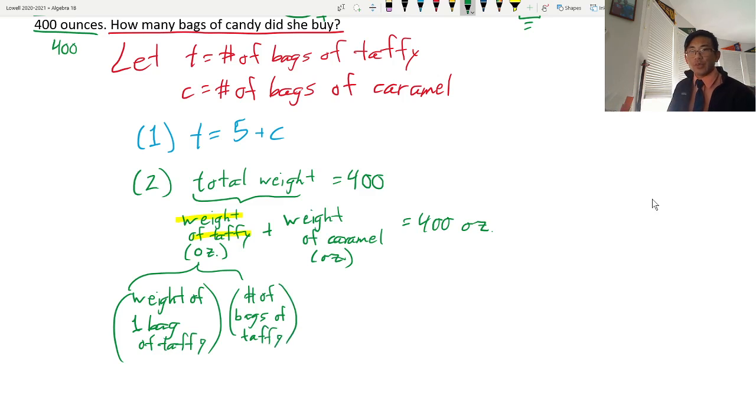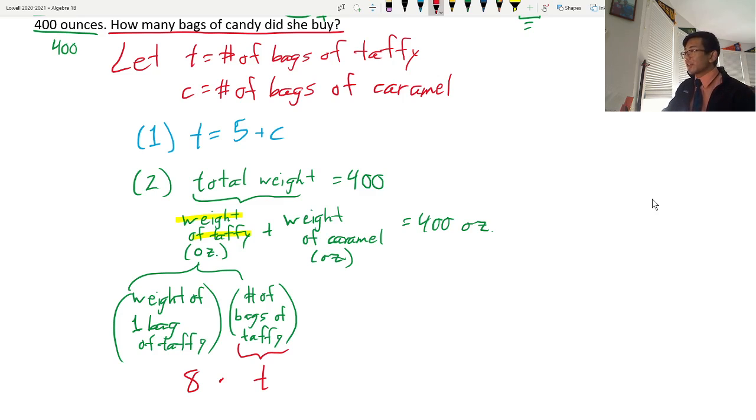Because this is information we have. Well, we don't know the number of bags yet, but we do know that the number of bags of taffy, we're letting that equal t, right? That's the variable we're looking for. How much does each bag of taffy weigh? Well, each one weighs 8 ounces. And so that's why we're going to have 8t right there.